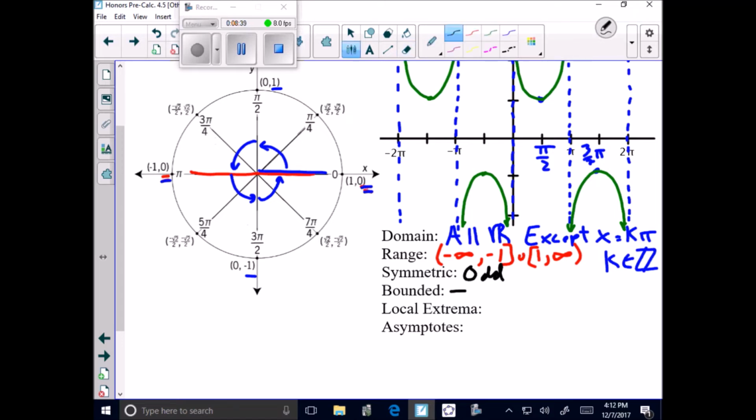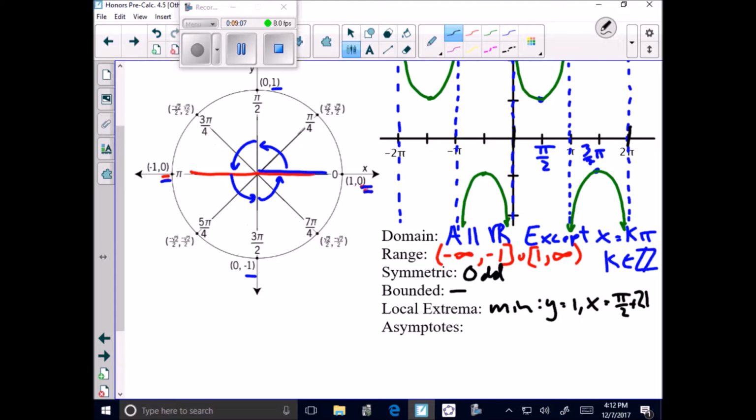As far as extrema go, we can say we have a min of y equals 1 at x equals pi over 2 in one period of rotation, and we can say that we get that same min for every coterminal rotation, which means that we will see that same min at every integer increment of 2 pi.